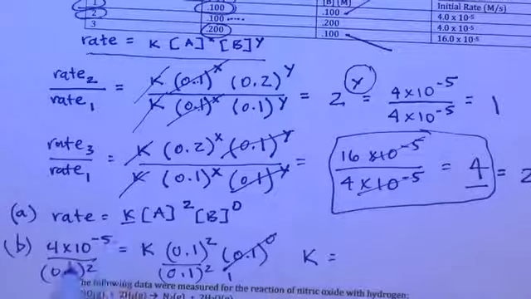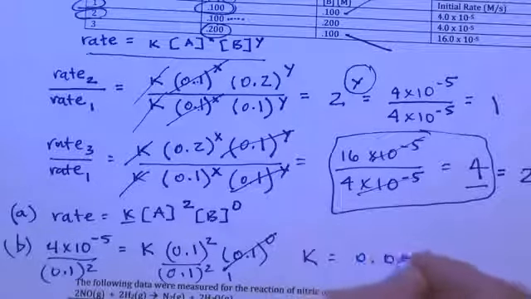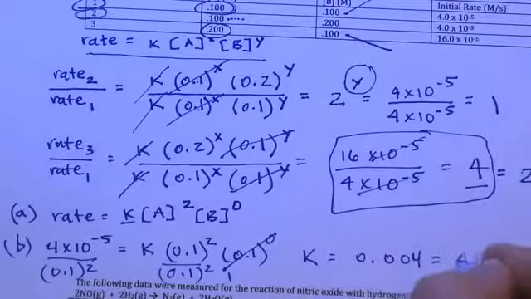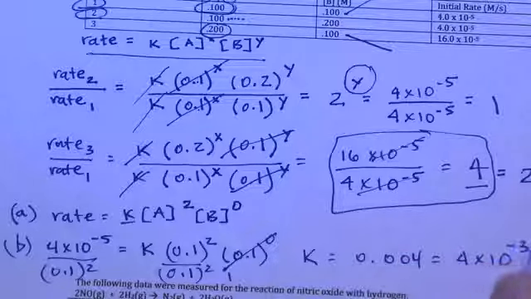So k is equal to 4 times 10 to the negative 5th divided by my 0.1 squared. And that turns out to be 0.004, or I could write it as 4 times 10 to the negative third.